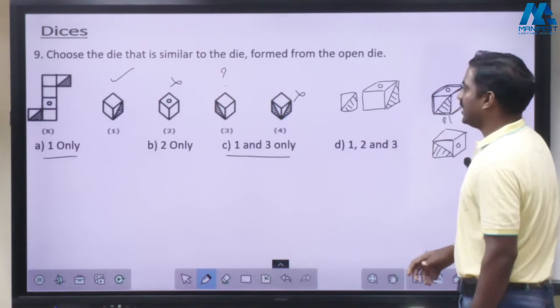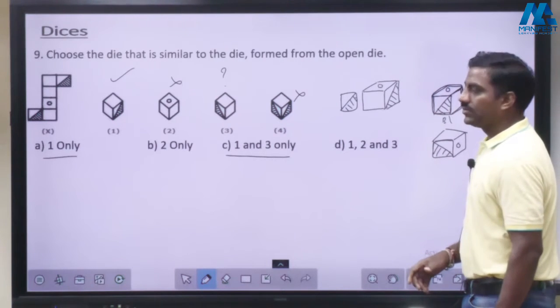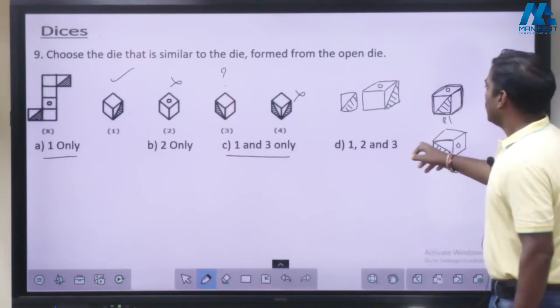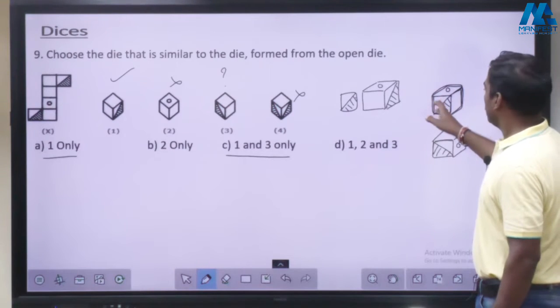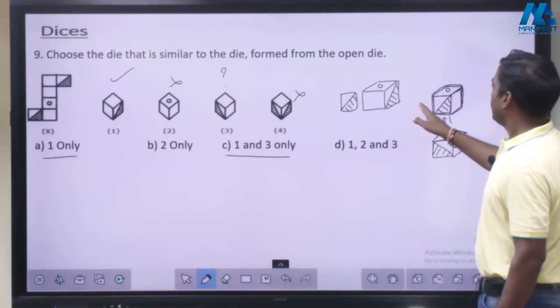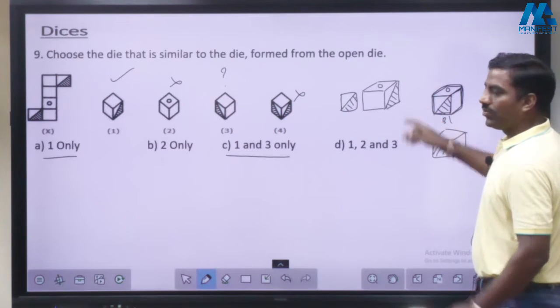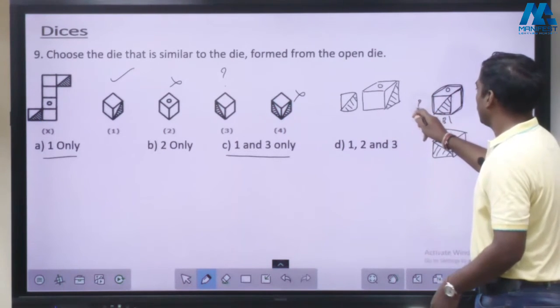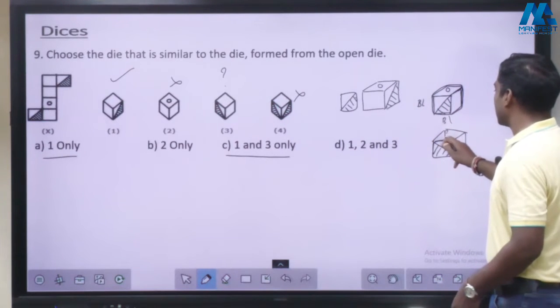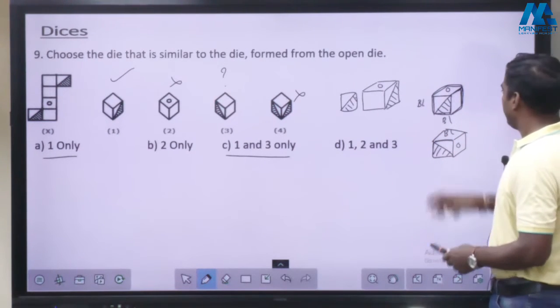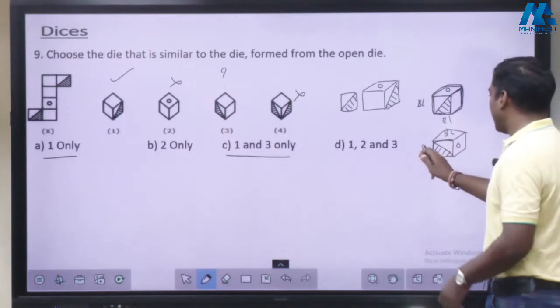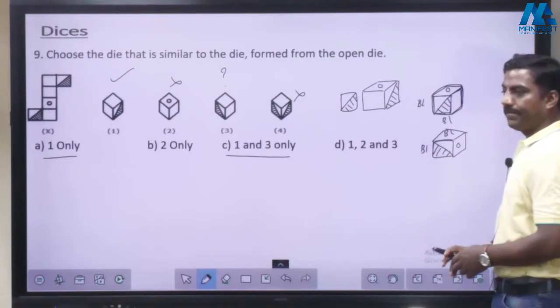What is there on the other side? See, in this diagram, what was in the left? Blank. So here blank has come. Then this is like this, and here now the blank is there.